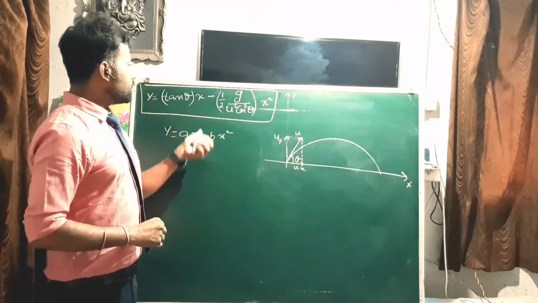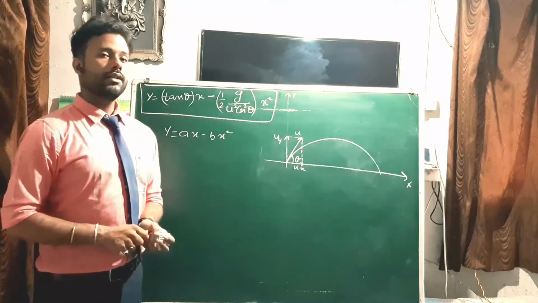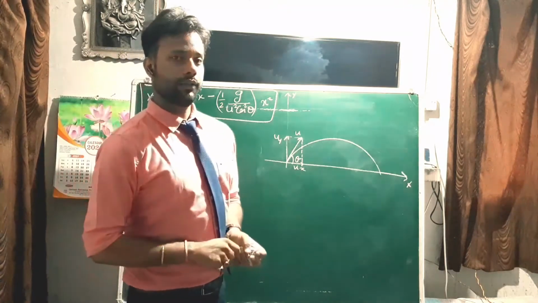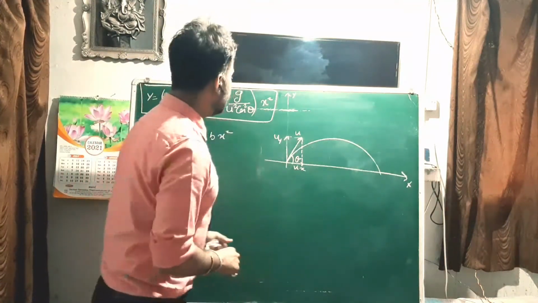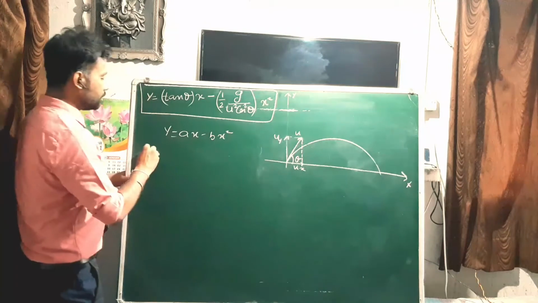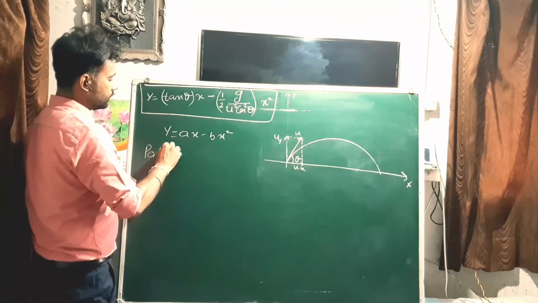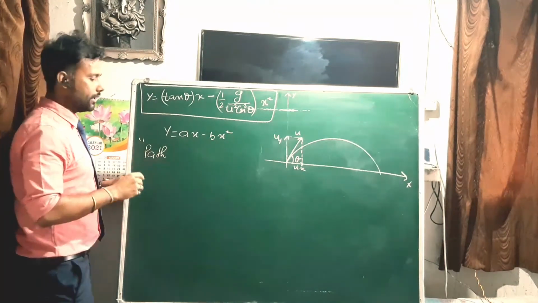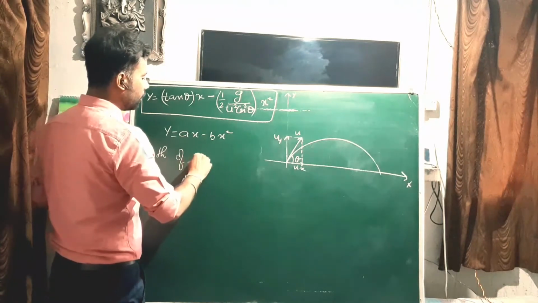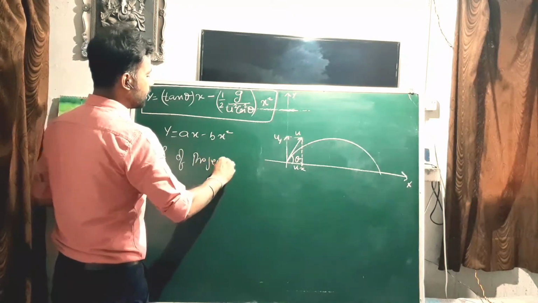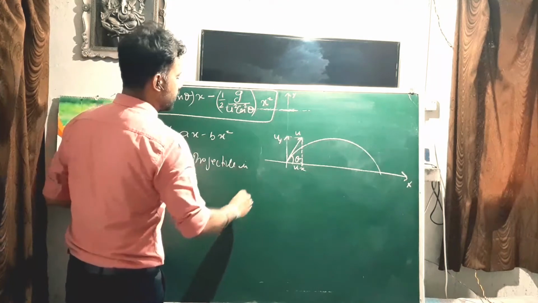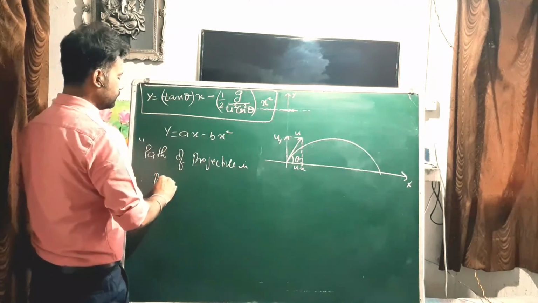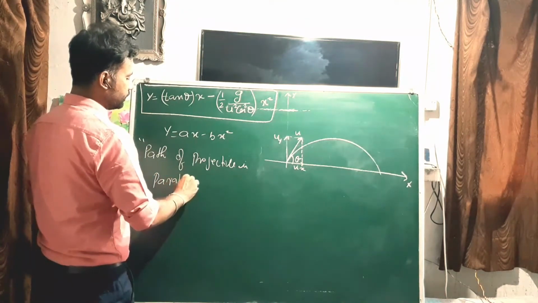This equation is exactly the same as the equation of the path of the oblique projectile. It shows, and this is a very, very important statement, that the path of a projectile is parabolic.